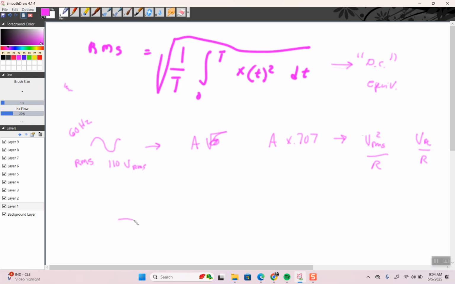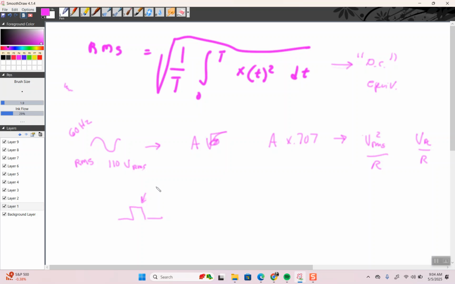You can have an RMS of a pulse, right? But once you have a number, now you can just compare it to a DC equivalent. But it certainly doesn't tell you how you got there. It strips out all the information. So if I say there's a 110 volt RMS coming out of your wall socket, yeah, that's for a sine wave, but in 60 hertz.